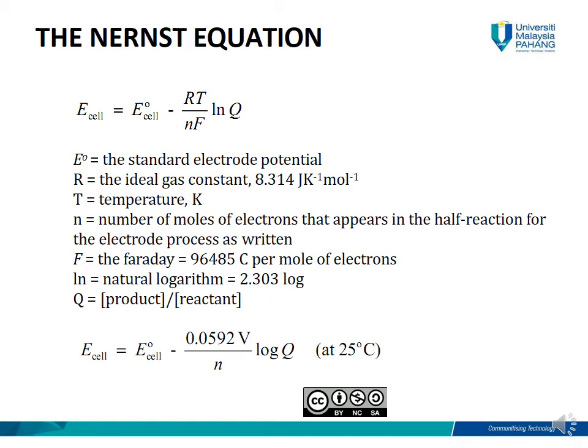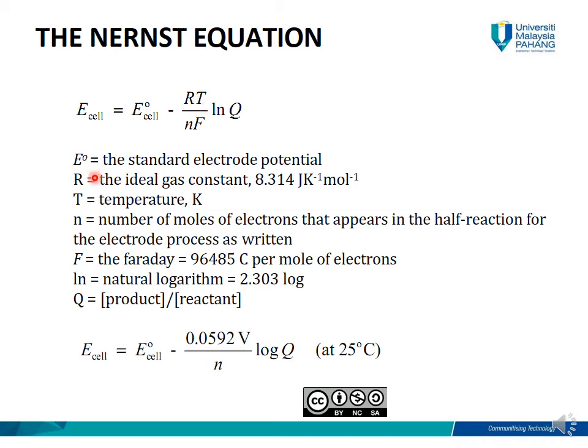Okay, now let's look at the Nernst equation. The Nernst equation is actually derived from the Gibbs free energy formula, and the general equation is this one. In this formula, you can see E cell equals E naught cell minus RT over nF ln Q. R is the ideal gas constant, 8.314 joule per Kelvin per mole.